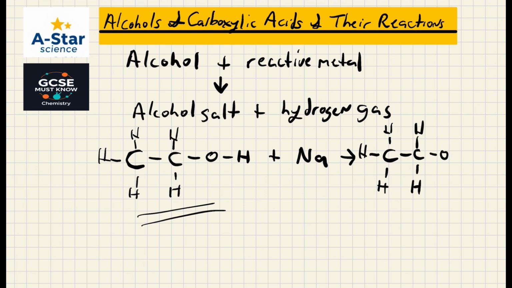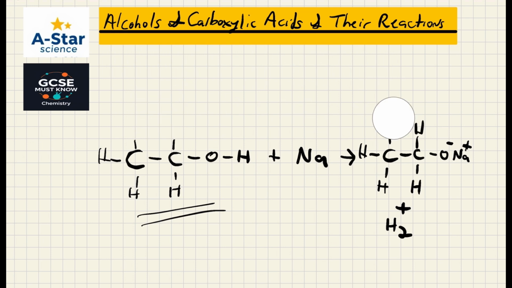And the sodium, which acts as a plus ion, is going to bond ionically to the ethoxide molecule. The hydrogen will come off and you're going to get hydrogen gas forming like that. So this is an important reaction that you need to remember for A level as well.